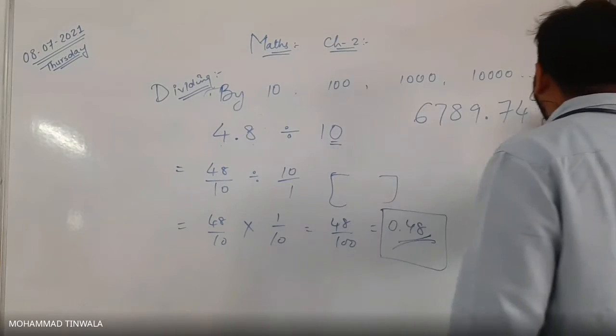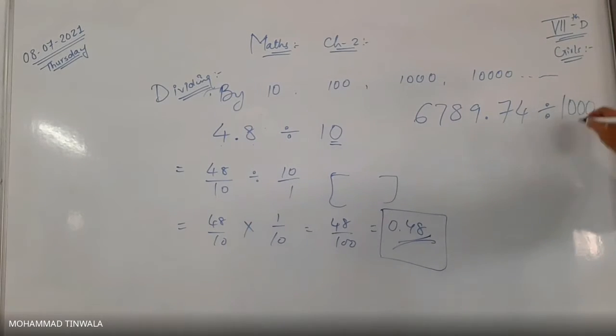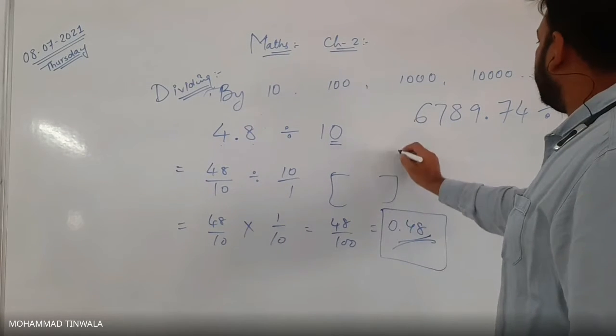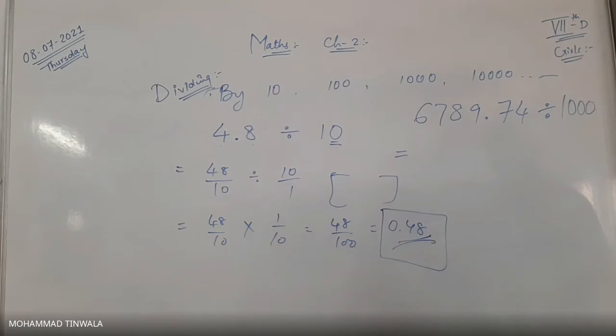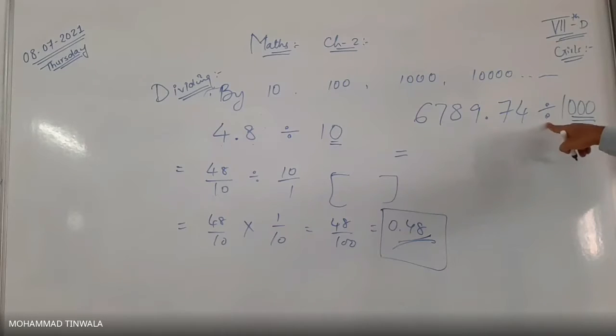6789.74. Chalo. 6789.74 divided by 1000. What will be the answer here? How many zeros are there? 3. What do we have to do here? Division.